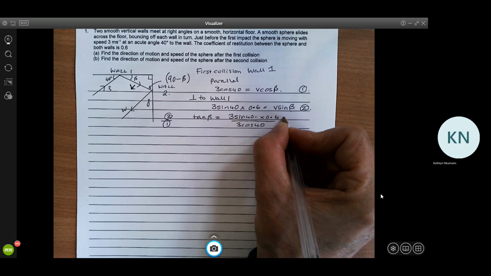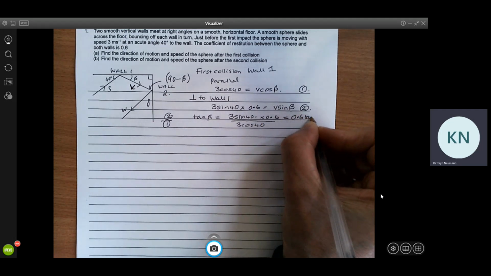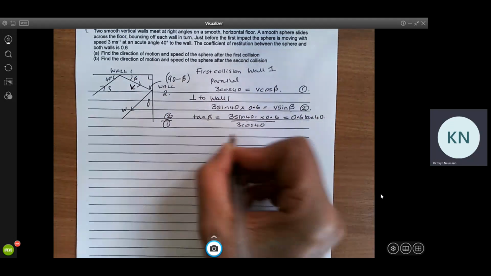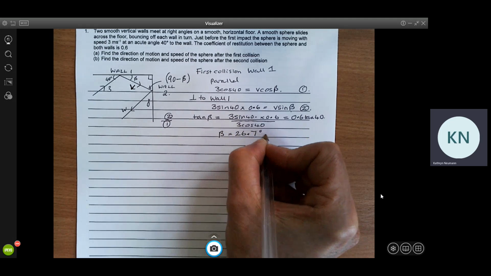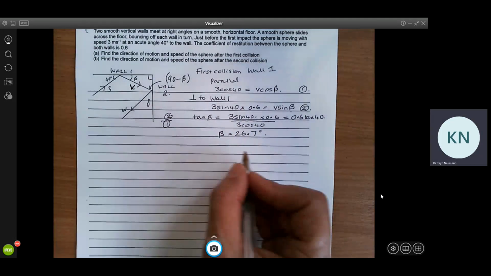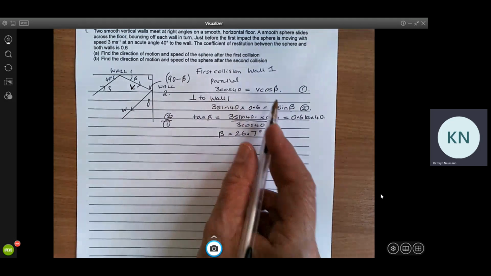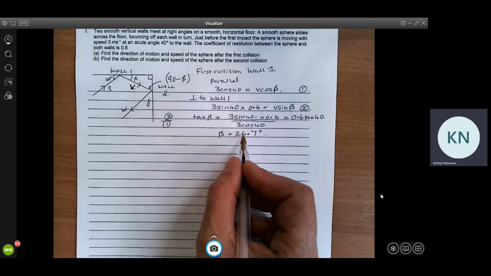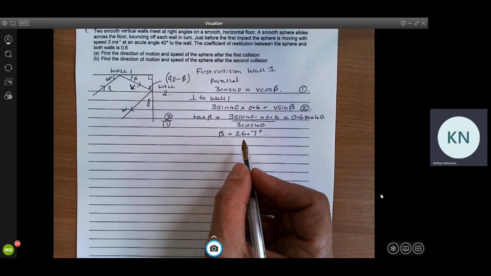And that gives me 0.6 tan 40. And when I solve this for beta, I get that beta is 26.7 degrees. We found the angle, but finding the speed, it's best to go back to our initial equations rather than just plug this in, because then we might be asked for an exact value. So just make sure you can do that.